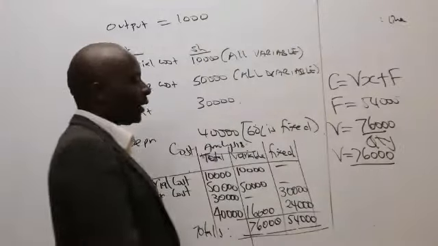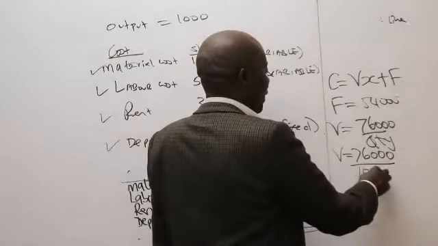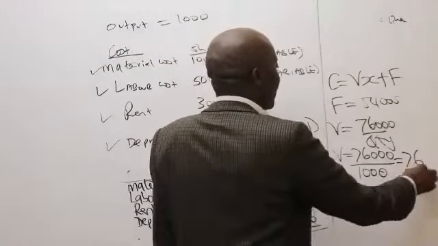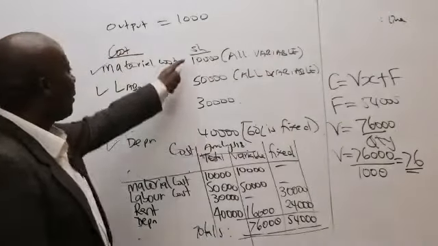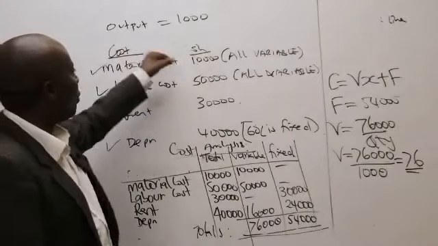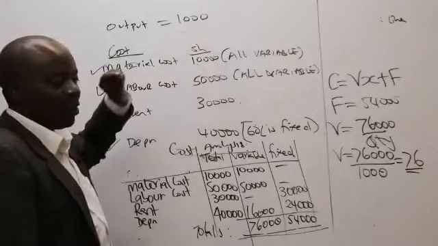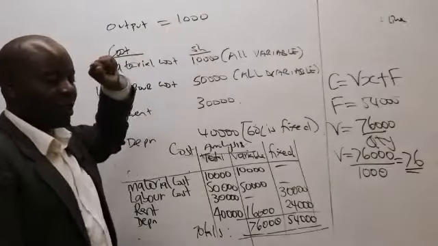I'm being told here 1,000. So this will end up giving us 76, because remember, this information that we have here was used to produce 1,000.